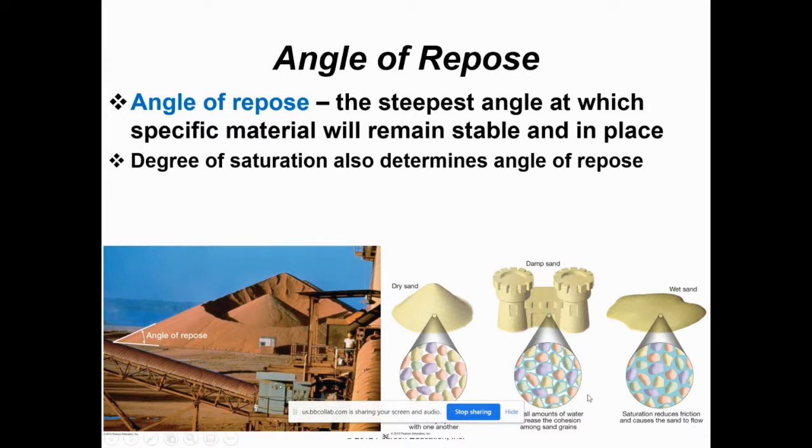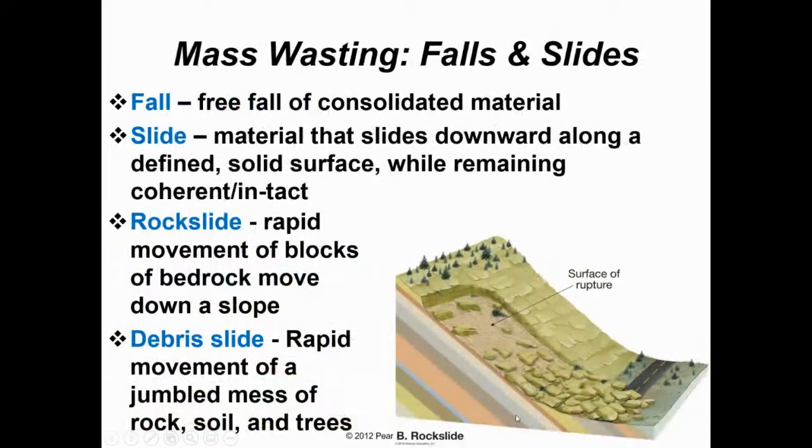Okay, so that's the sandcastle concept. So that really kind of plays into these last forms of mass wasting. They're really broken down into a couple different categories. You have falls, slides, and flows.